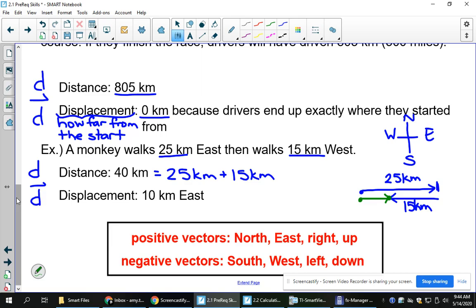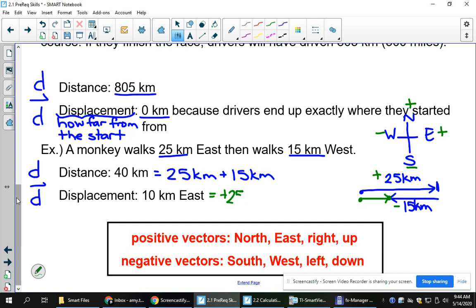Well, we can say, see this box at the bottom, that north and east are positive directions, because think about math. Those are the positive axes on a Cartesian plane. South and west are negative directions. So if the 25 kilometers went east, I'm going to put a plus sign on it. If the 15 kilometers went west, I'll put a minus sign on it, and I'll just add them together.